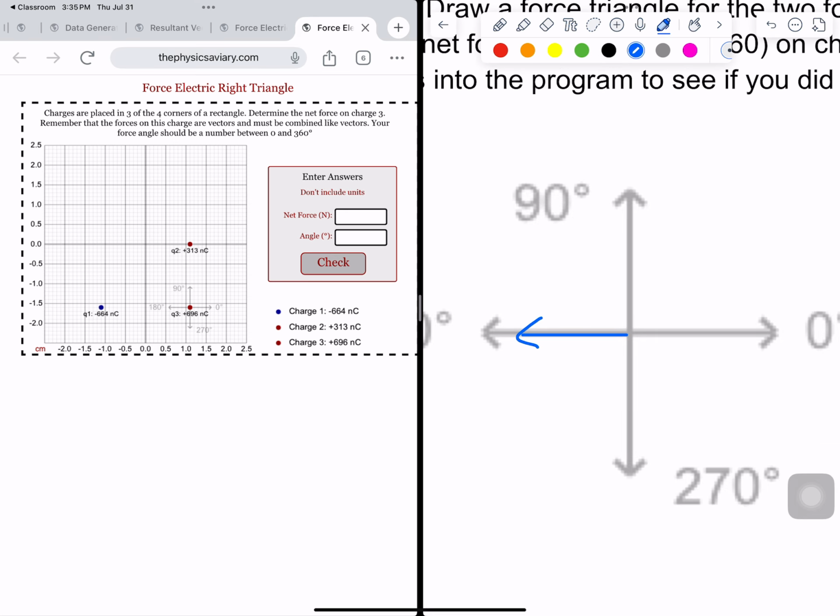That's a little bit less than that, just a little bit less than that, going down. So this would be F13. This would be F23. And the resultant vector, net force F, you can see is going to be that straight line right in the middle. That's going to be my net force. And then I got to find my direction, which would be my angle.